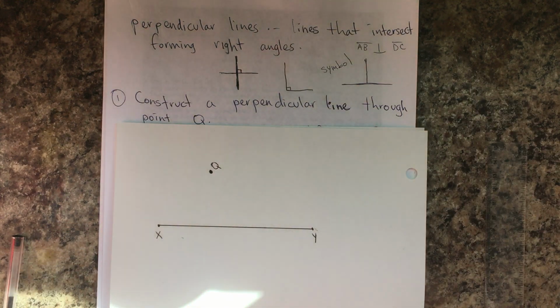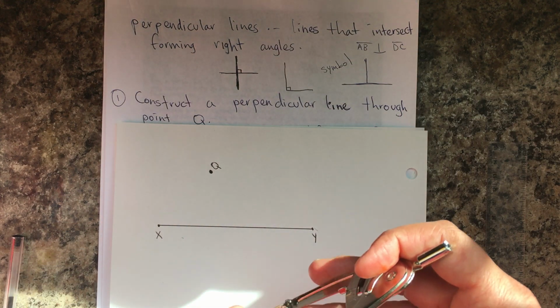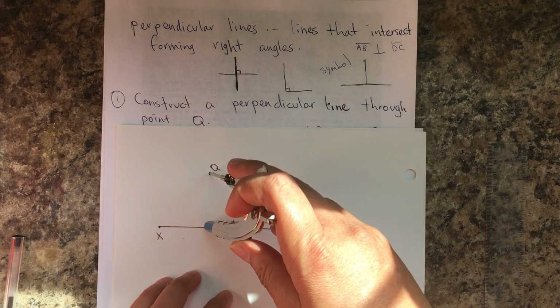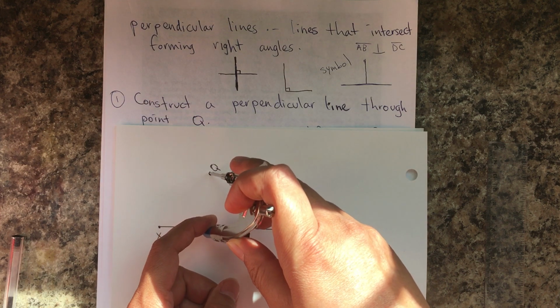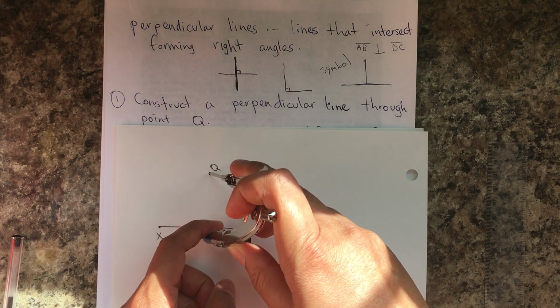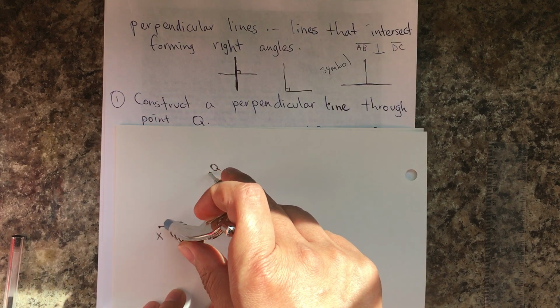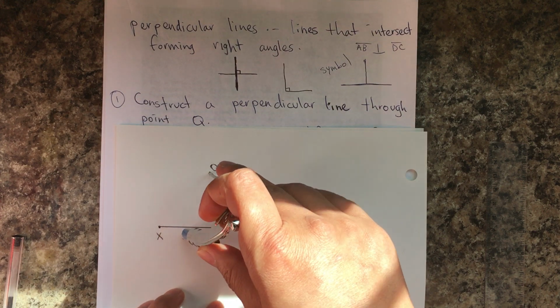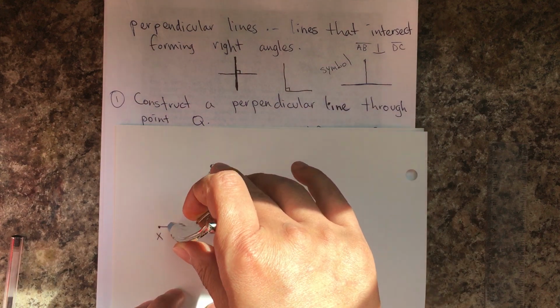So what you do is from the point, you're going to open your compass so that it goes a little farther than the line, making sure that you can mark twice on the line.